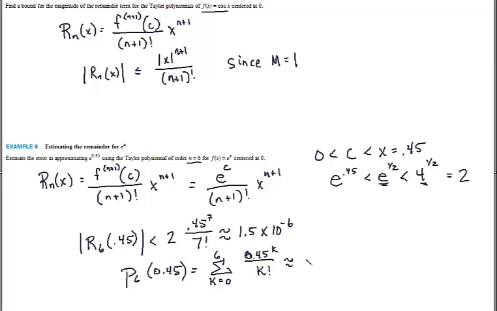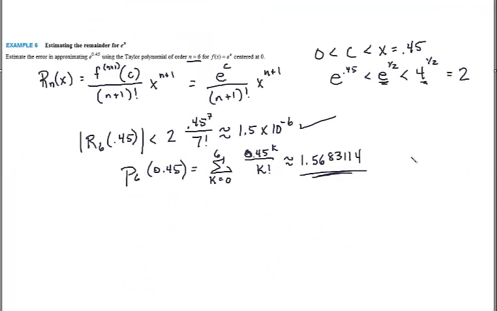And this equals 1.5683114, and we can say that the error for this polynomial approximation does not exceed this value. And this concludes 10.1.